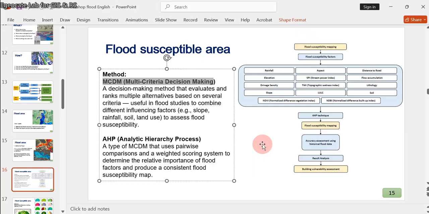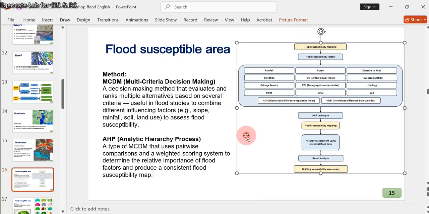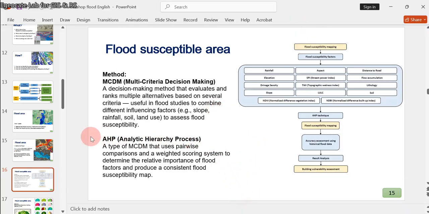So there are multiple parameters, multiple criteria that have influence on the flood. You identify these and create maps for them and give a weight to each one of them, and then you get a result based on the overlay analysis. The most commonly used technique is AHP, which you can use for flood susceptibility mapping.